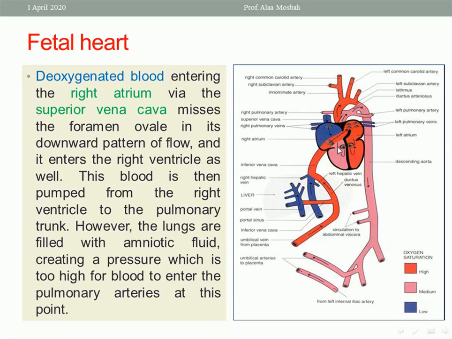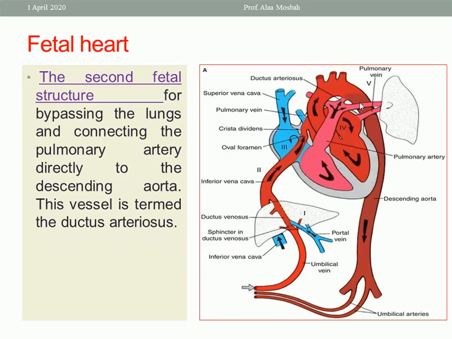However, the lungs are filled with amniotic fluid, creating pressure which is too high for blood to enter the pulmonary arteries at this point. So there is resistance because of the amniotic fluid filling the lung, and the blood pressure faces a resistance. That's why there is the ductus arteriosus here, which connects the pulmonary artery to the aorta.